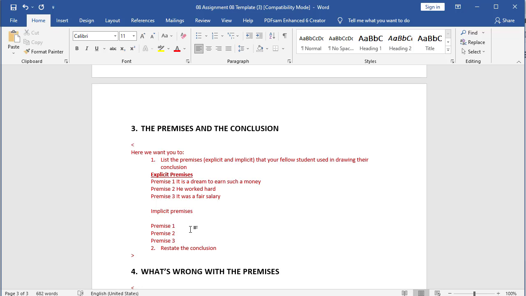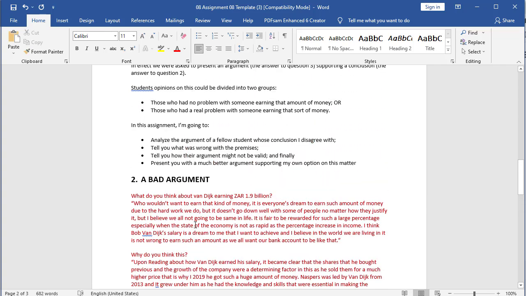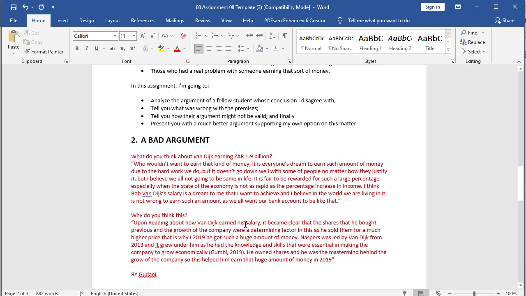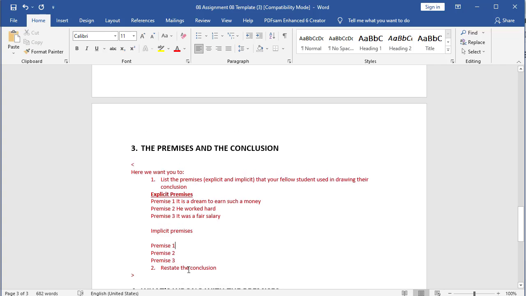You might take the implicit premises from the explicit premises, or you can take a look again at the work that was presented, and then you take out the implicit premises from this assignment. Okay, the implicit premises here, I can say that.